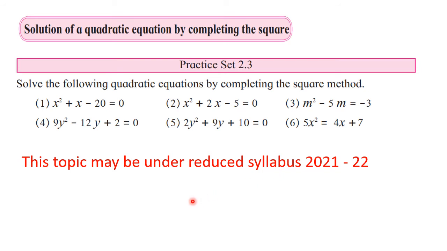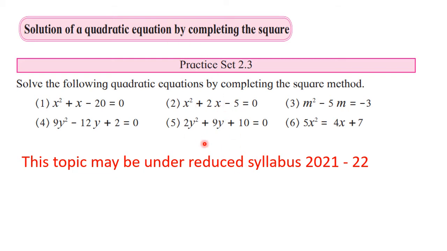Maybe means, 99% it's true only, but still I have written maybe, because I have not got the confirmation yet. So that is why I wrote maybe. If this is not under the reduced portion, then I will discuss it afterwards. But it is going to be there because last year it was there.